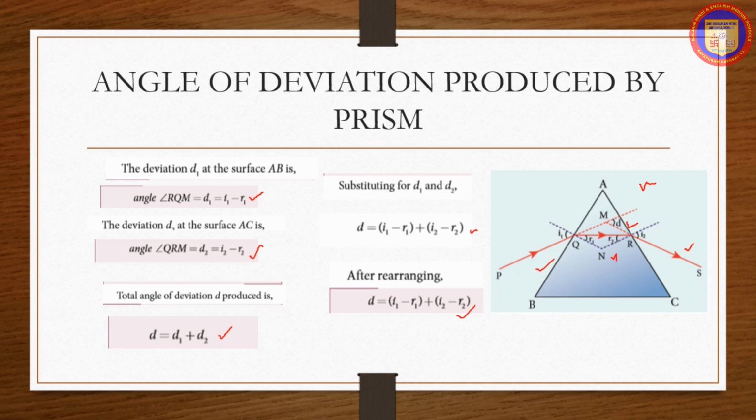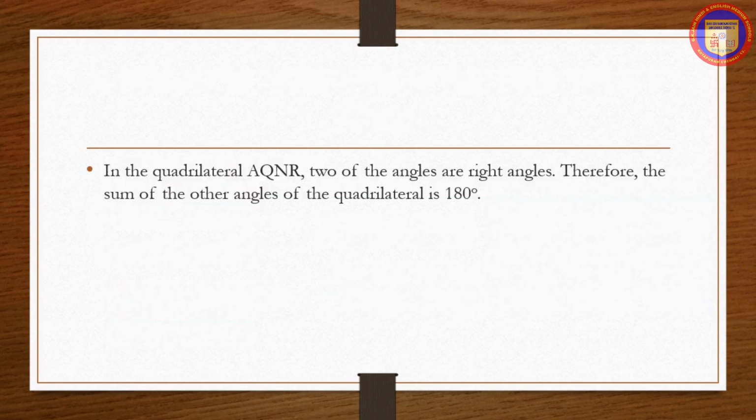Let me consider a quadrilateral AQNR. Two of the angles are right angles. Therefore, the sum of the other two angles of the quadrilateral is 180 degrees. So we can write angle A plus angle QNR is equal to 180 degrees.